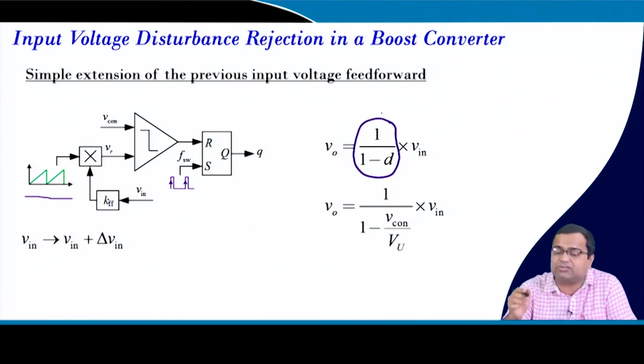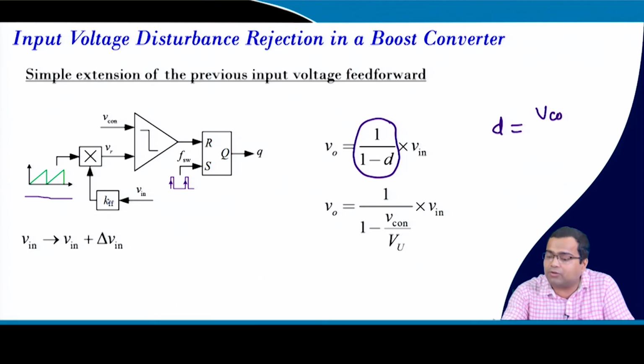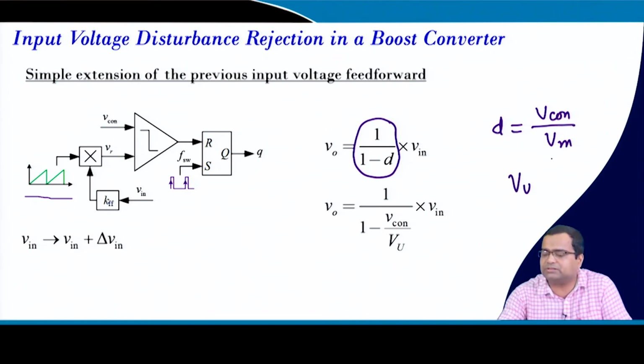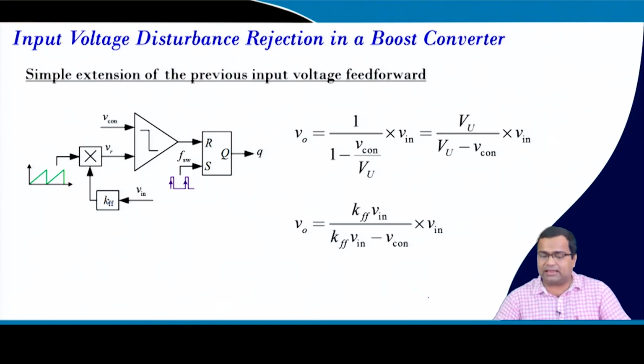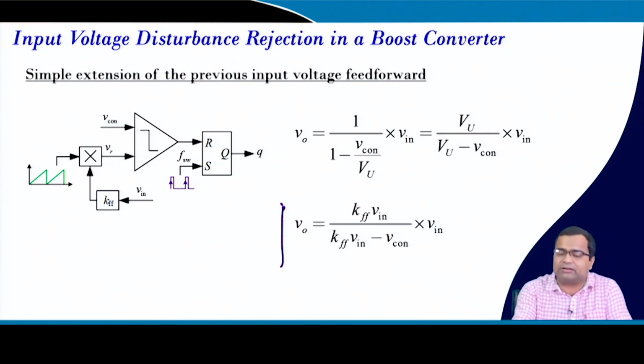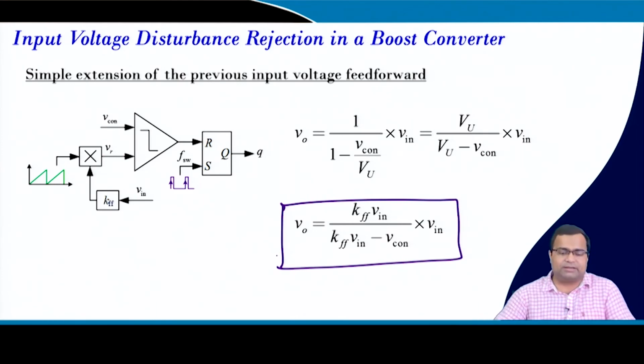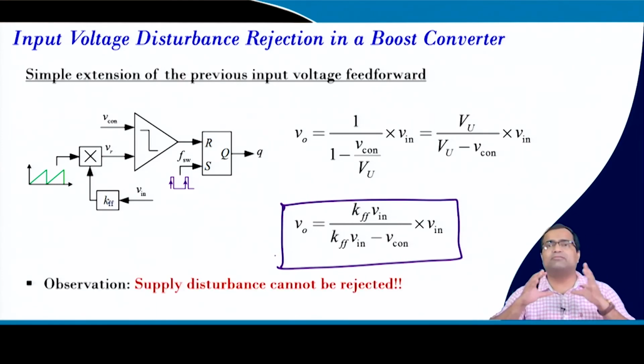In the case of buck, it was simply D times V. And we know the duty ratio is the control voltage divided by the maximum voltage; in this case we took VU, which means both are the same. The objective is to reject disturbance using the same method, but if we apply the same method, it turns out it cannot reject the disturbance by this equation. That means the supply disturbance cannot be rejected, and we have seen that in the simulation result.